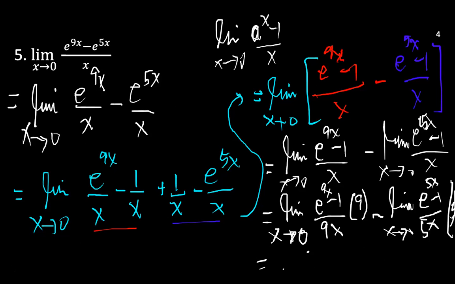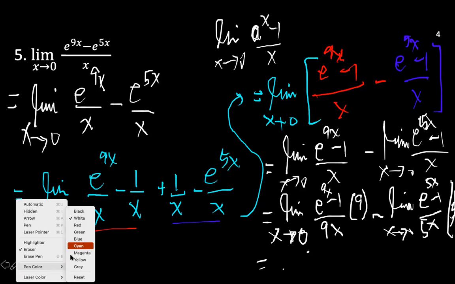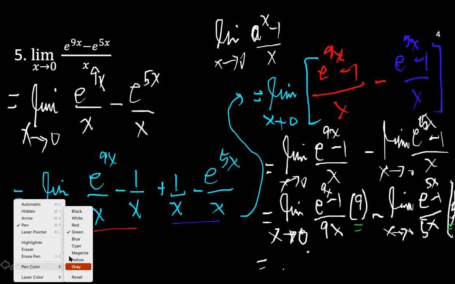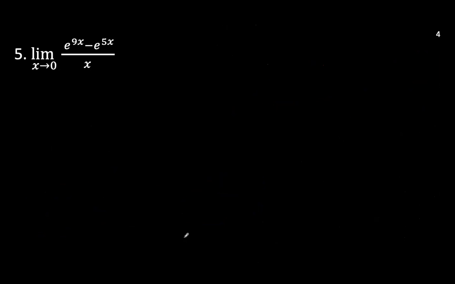What I can do now is put this 9 as a coefficient, and this 5 as a coefficient. So let's do it on the other slide.